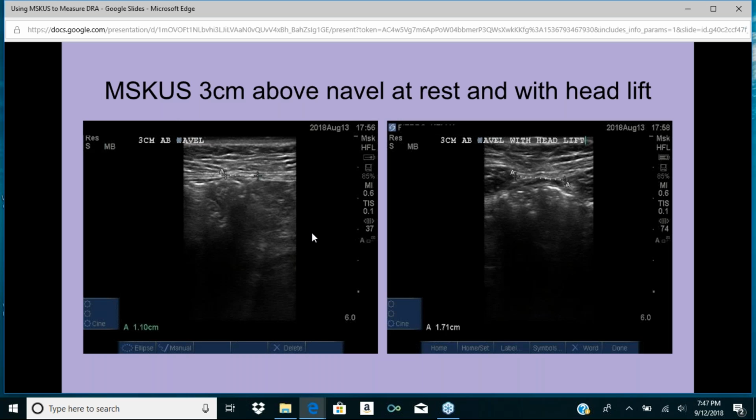And I have a comment here. That's interesting, it's a good discussion. In the current slide, with your palpation you were picking up some type of closure, not separation. But here on ultrasound, the IRD increases from 1.1 to 1.7. If you look at the image, you have some contraction. You can see the rectus belly nice and thick on the right side of the image when the patient is doing the head lift.